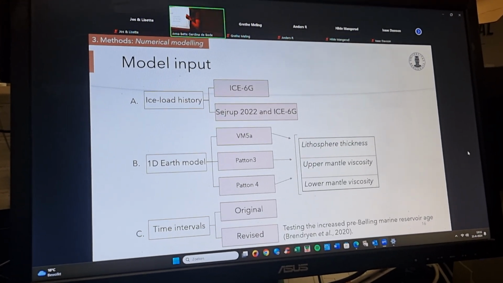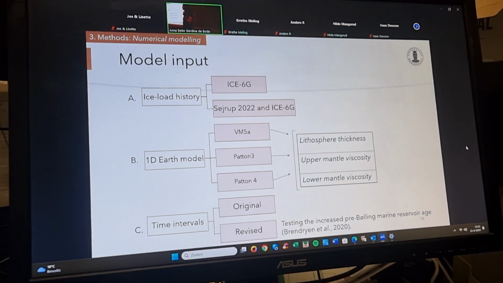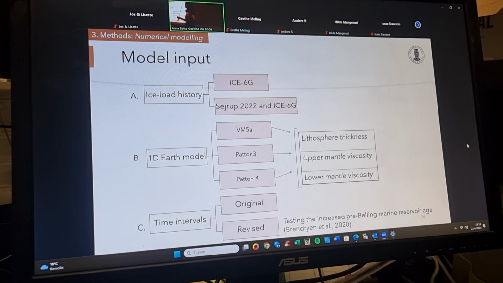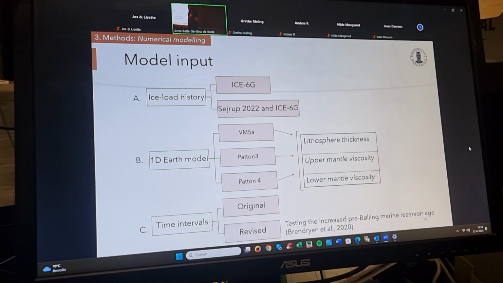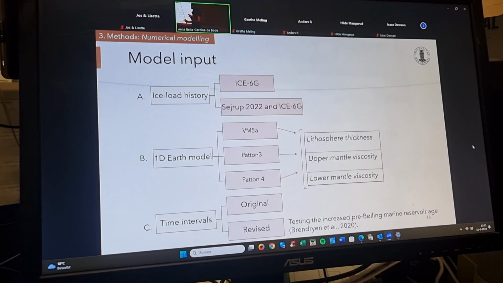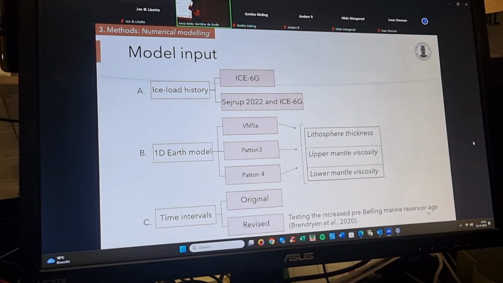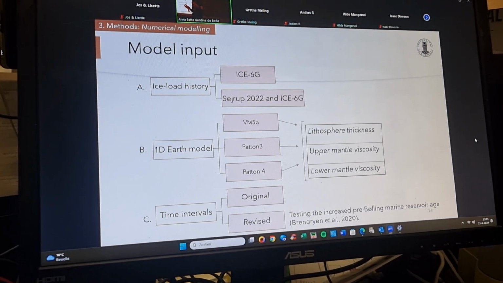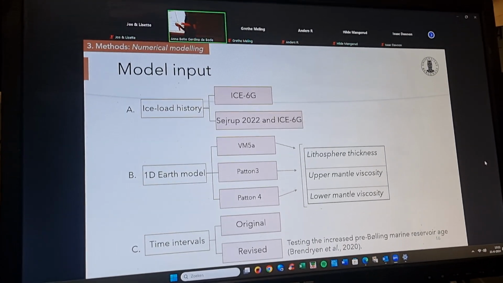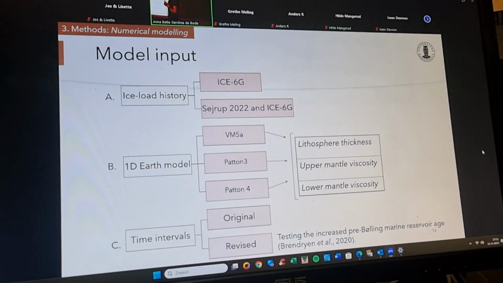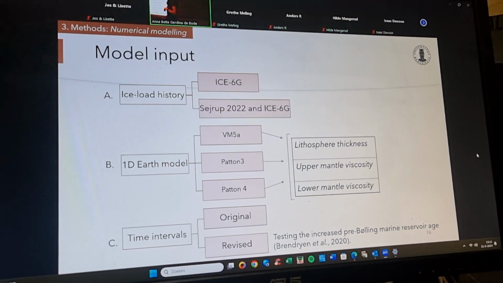But for the ice history that I supplied the model with, I used ICE-6G for ice sheets around the globe. And for the Eurasian ice sheet, I used a very recent ice thickness reconstruction from 2022. And I merged these to get the best possible ice thickness history for this site. Then I used 3 different Earth models, which are listed here.